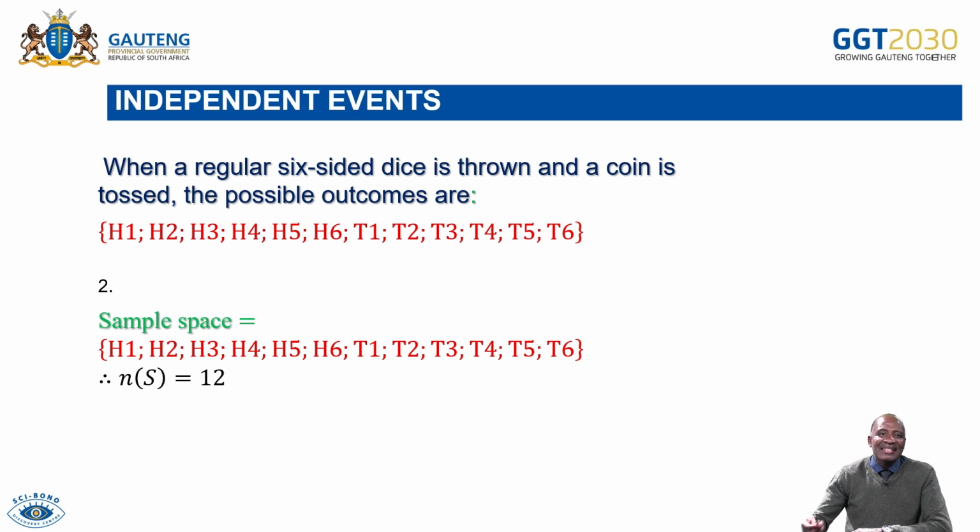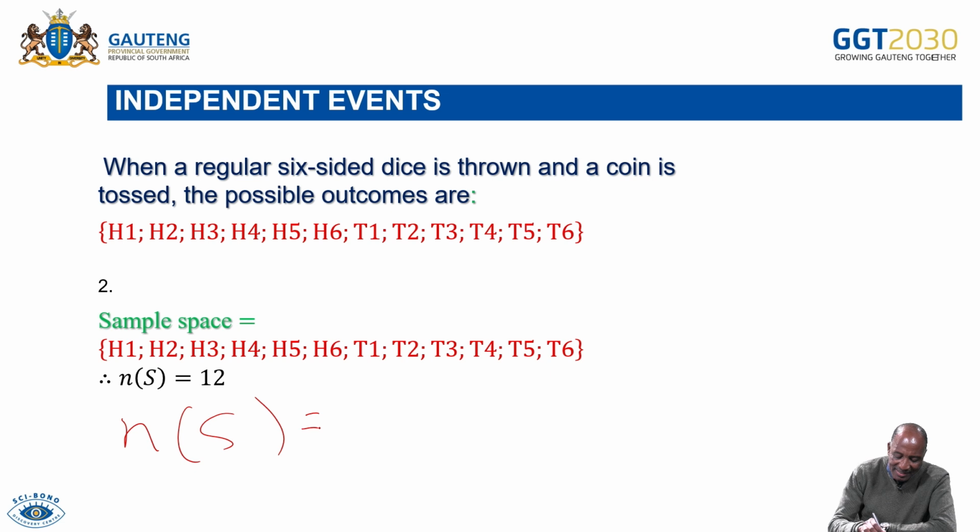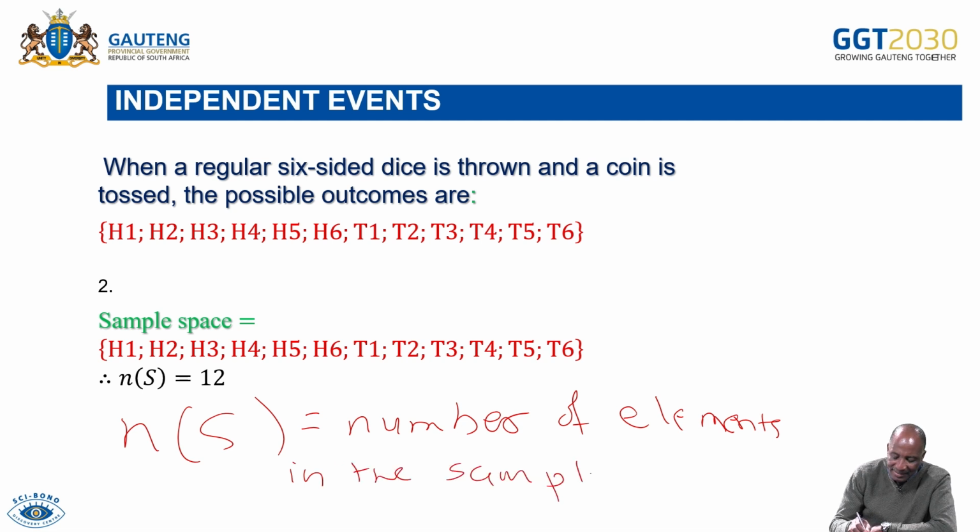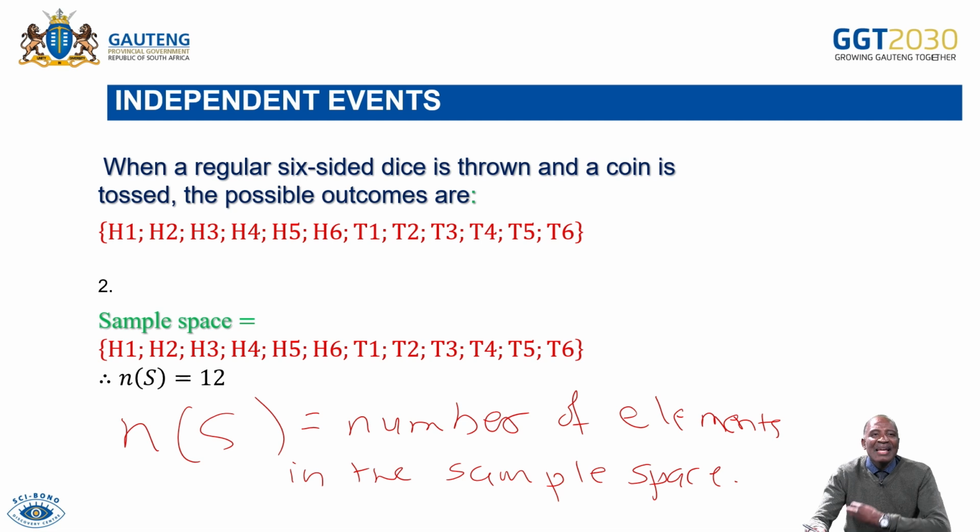That is written as n bracket s, the number of elements in our sample space. That's what we mean by your sample space: the number of elements in your sample space.